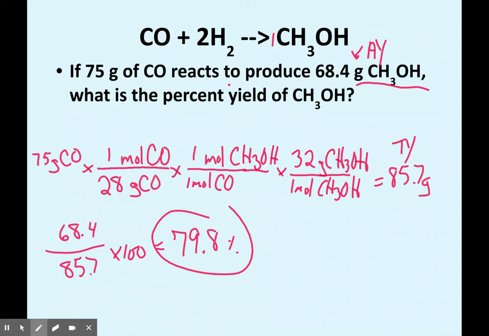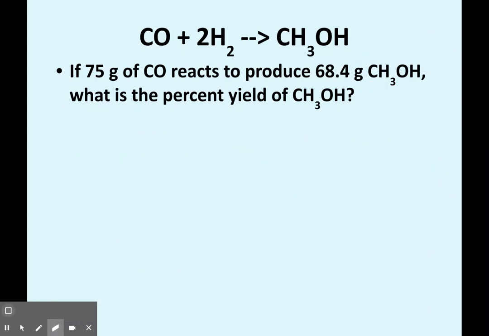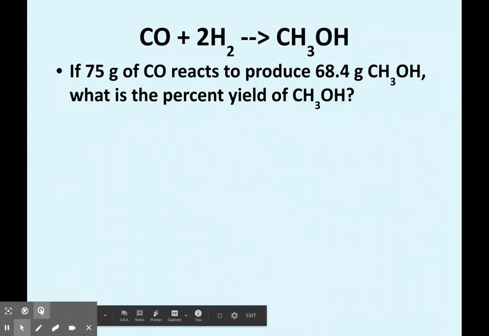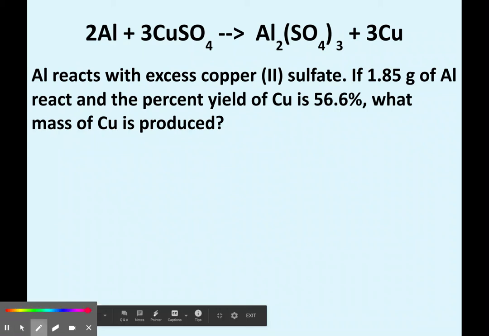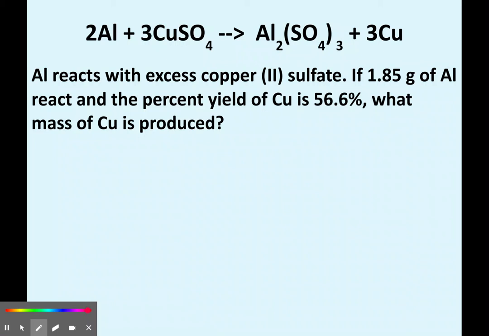All right, let's look at one more. Al reacts with excess copper sulfate. If we have 1.85 grams of aluminum react, and the percent yield of copper is 56.6%, what mass of copper is produced?